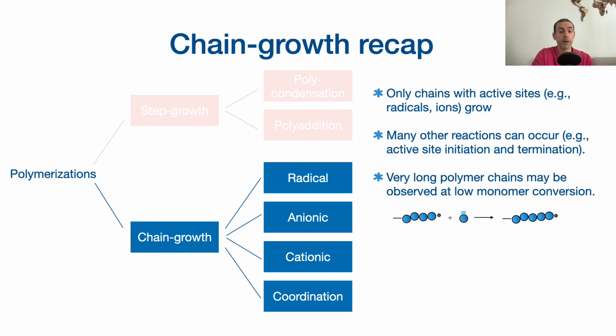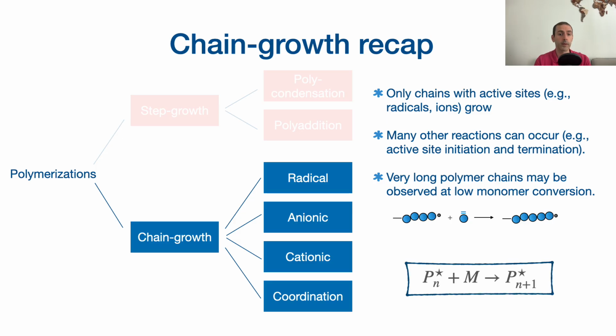Very long polymer chains may be observed at low monomer conversions, so large viscosities are attained from the very beginning. Again, here we found a formalism that we decided to write as Pn star, where the star is the active site of this polymer chain P of length N, and by adding a monomer M, we have a longer, still active polymer chain of length N plus 1.